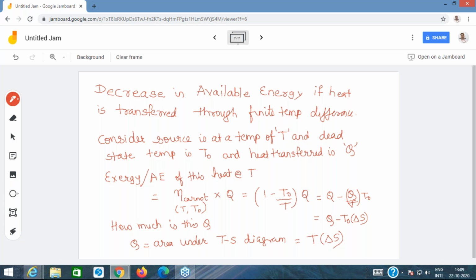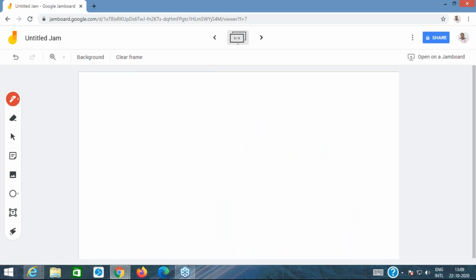Now let us assume that this heat is transferred, and we are interested in knowing what happens to the exergy when this heat is transferred through a finite temperature difference. So we now consider the heat transfer Q to a lower temperature T dash, such that T minus T dash is a finite value.